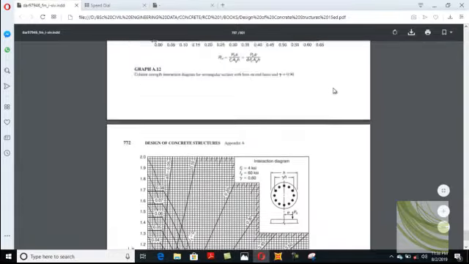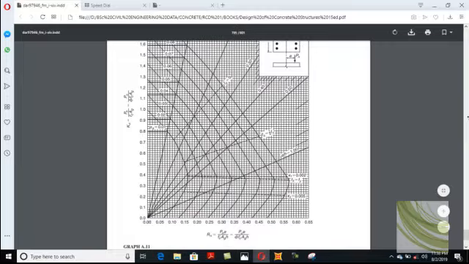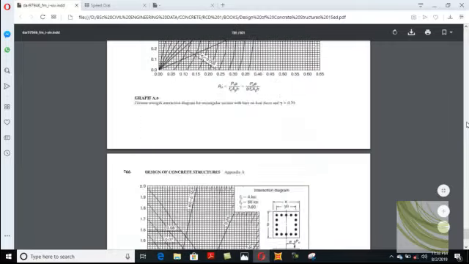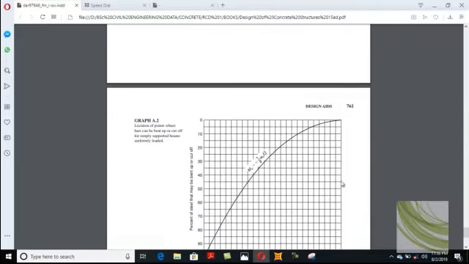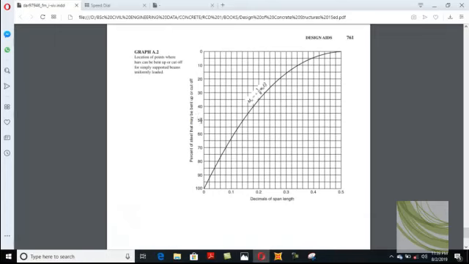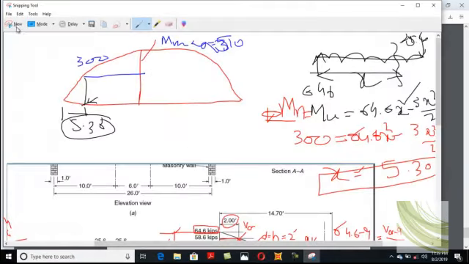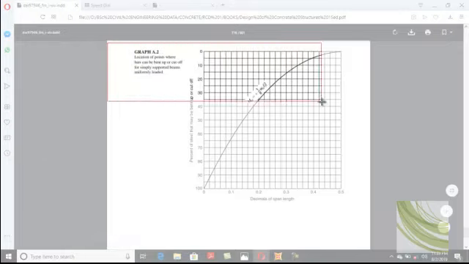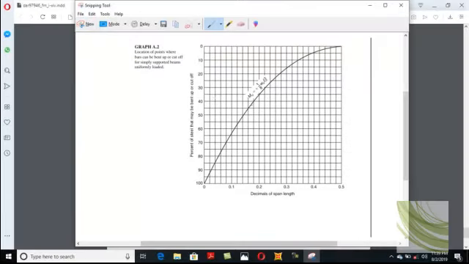As you are cutting 50% steel, because half the steel you are cutting, this is the point.